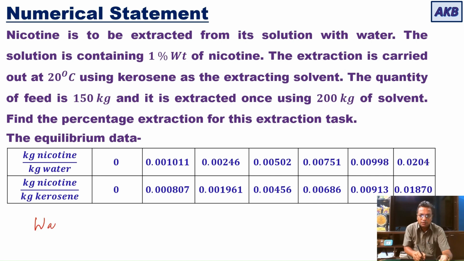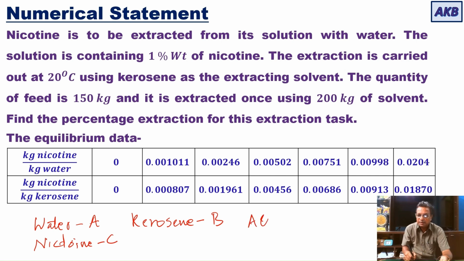Water is A and nicotine is C, the solute to be recovered, and the extracting solvent that is being used is kerosene, that is B. And it is said that A and B, that is water and kerosene, are essentially insoluble in each other. So this information is provided to us.